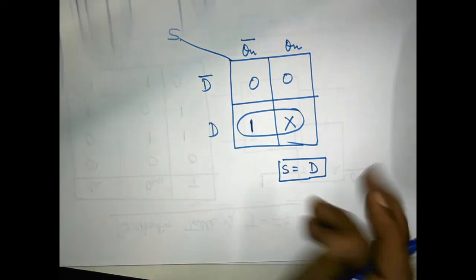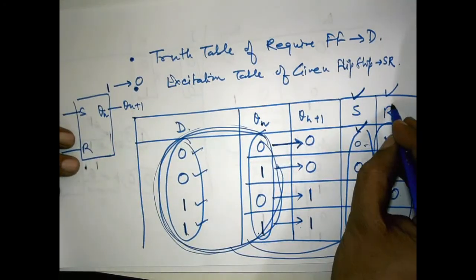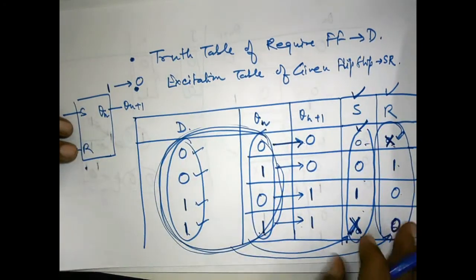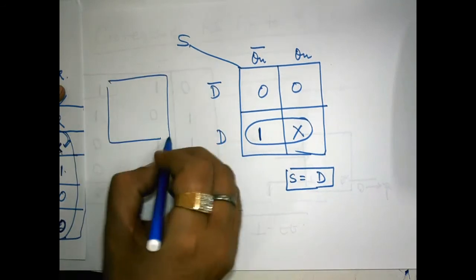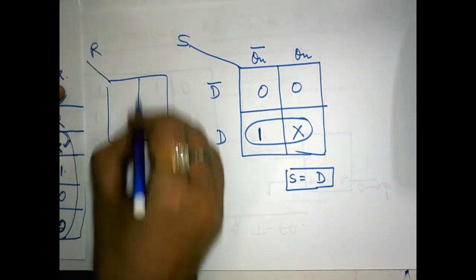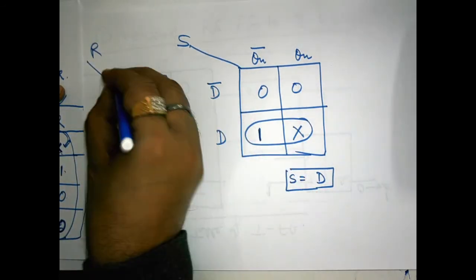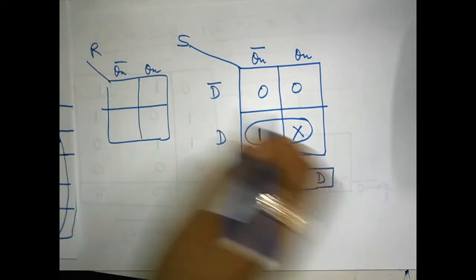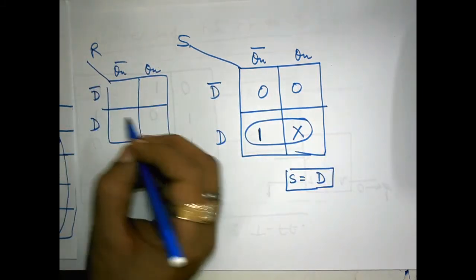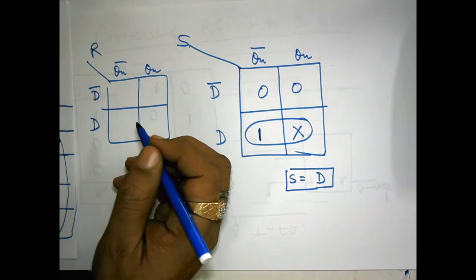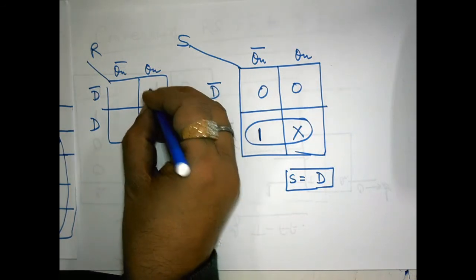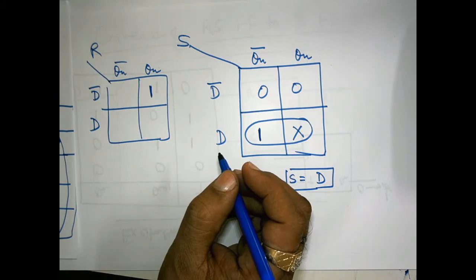If you draw a similar K map for R, how can it be drawn? For R, this is Qn bar and Qn, D bar and D. It becomes 1 at D bar Qn, in this cell.